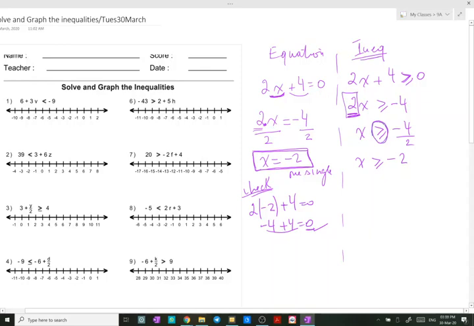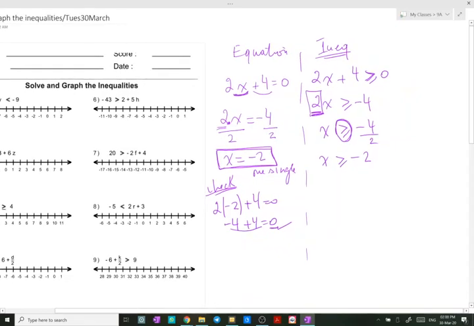But if I'm dividing by a negative number, supposedly I'm solving for minus 2x plus 4 greater or equal to 0, let's say. So I take it to the other side, and when I'm dividing or multiplying the inequality by a negative number, I should change the order. So x is less than or equal to minus 4 over minus 2. x is less than or equal to 2.